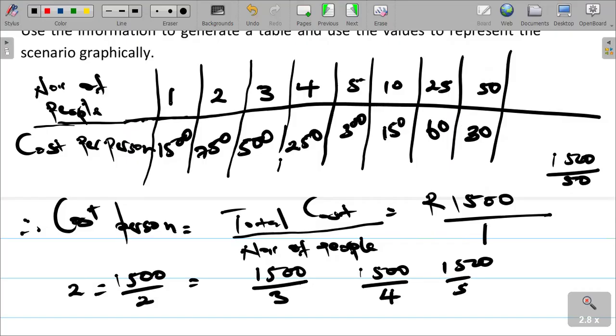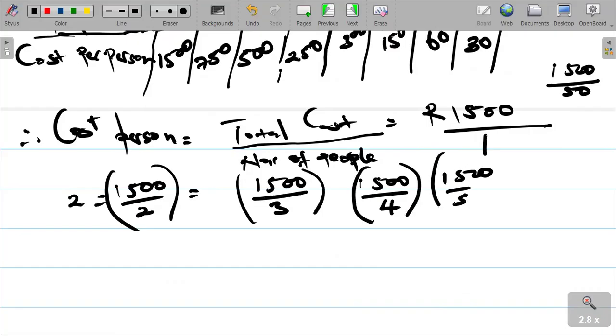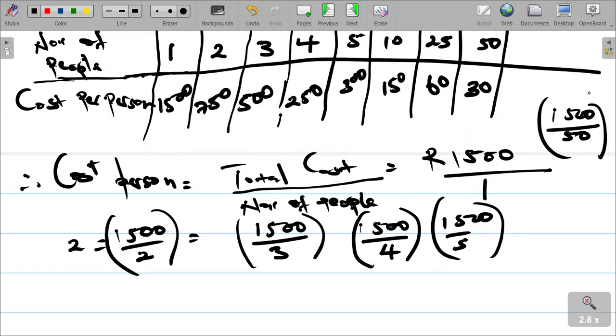That is how we are getting those figures there. So total cost divided by number of people gives you the cost per person. We are going to get the different costs there.